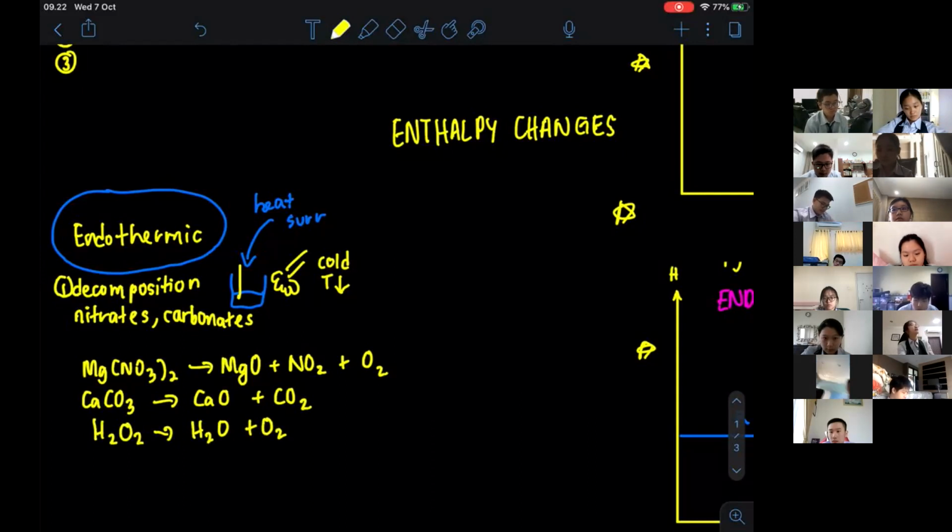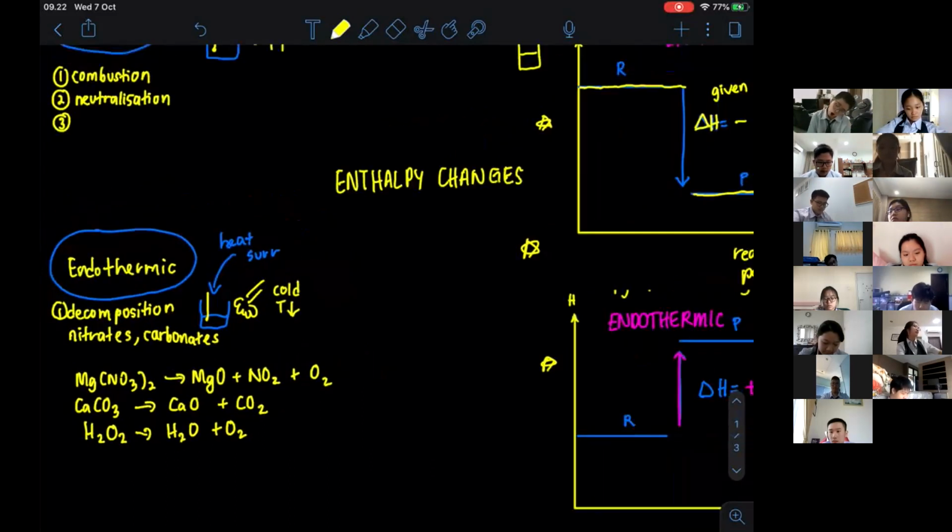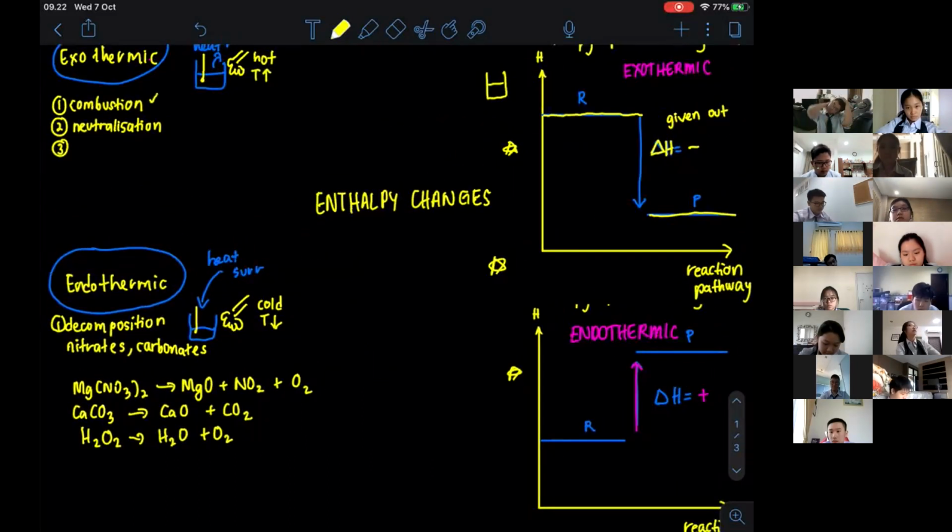But do take note, all decomposition reactions are going to be counted under endothermic. Yeah, the same thing here: all combustion, any kind of combustion with oxygen, gives you carbon dioxide and water.